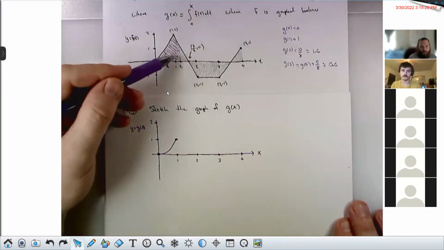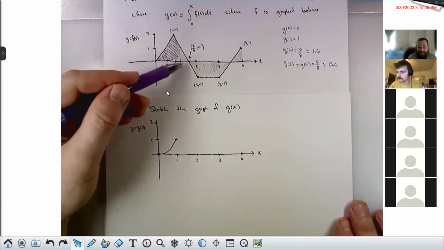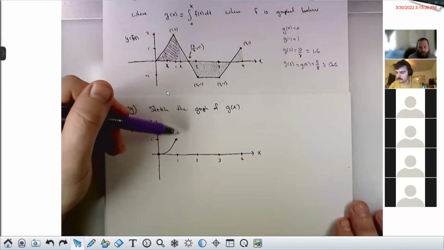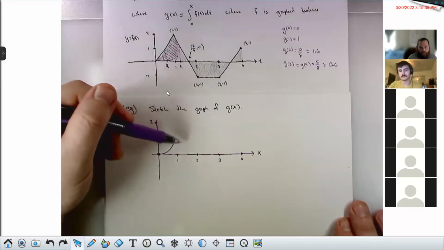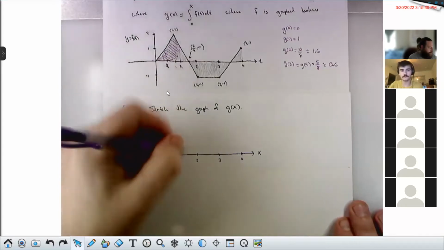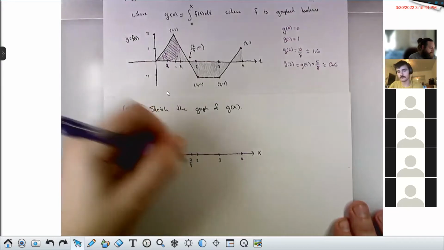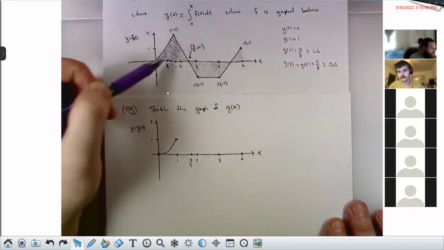But the amount of new area I get every time x increases a little bit is getting less and less. So now I'm increasing, but I'm concave down. So I'm going to reach an inflection. This is going to be an inflection point where I change from concave up to concave down. And this x value right here, 7/4, that is going to correspond to a max.